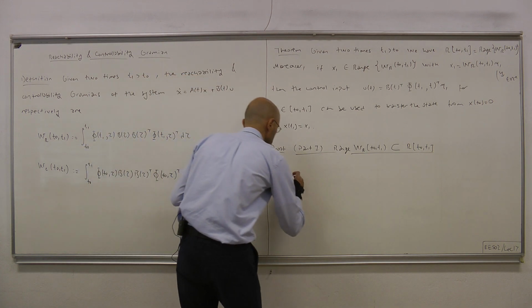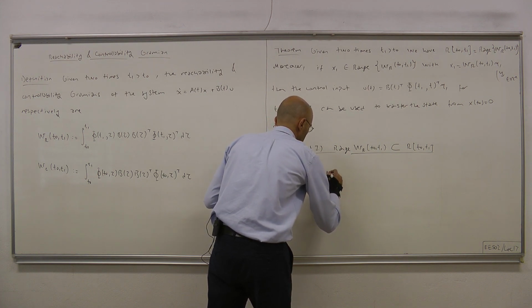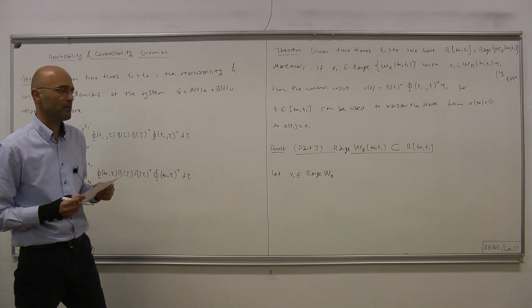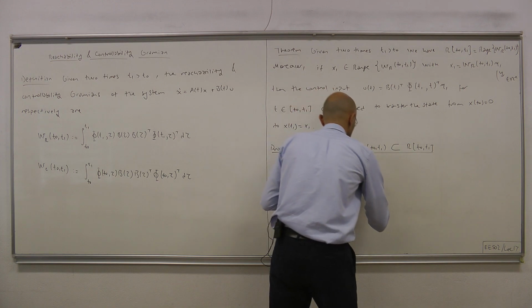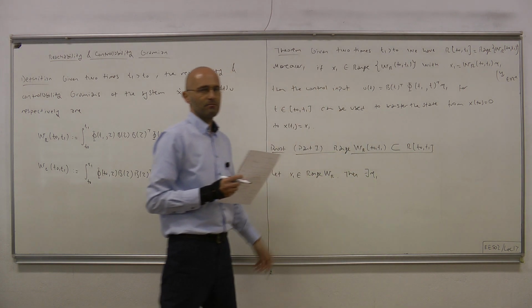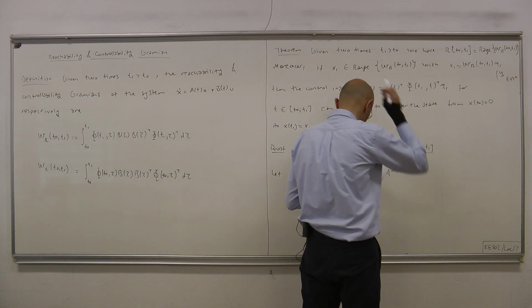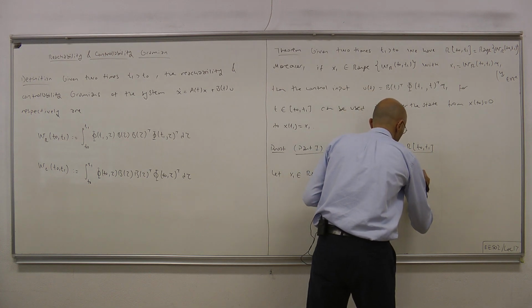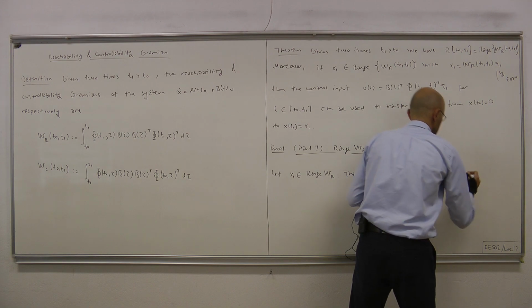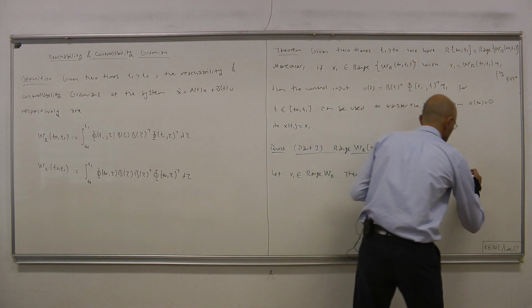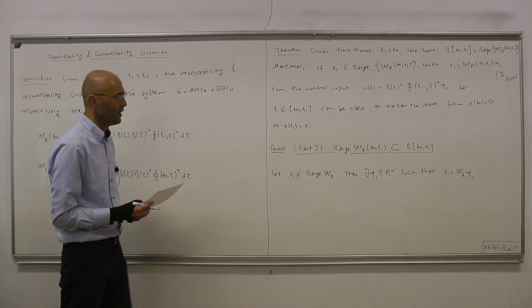Let x1 belong to the range space of the reachability Gramian WR. Then, by definition, there must exist a vector, eta 1 we call it, in Rn, such that x1 equals WR times eta 1. This is exactly what this range space business means.